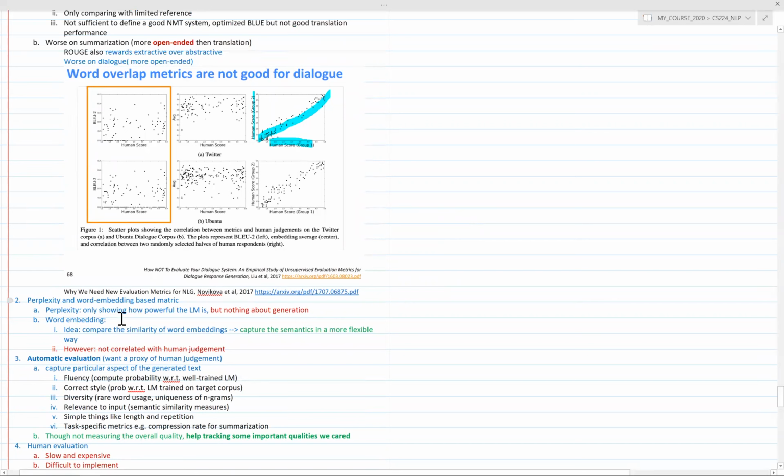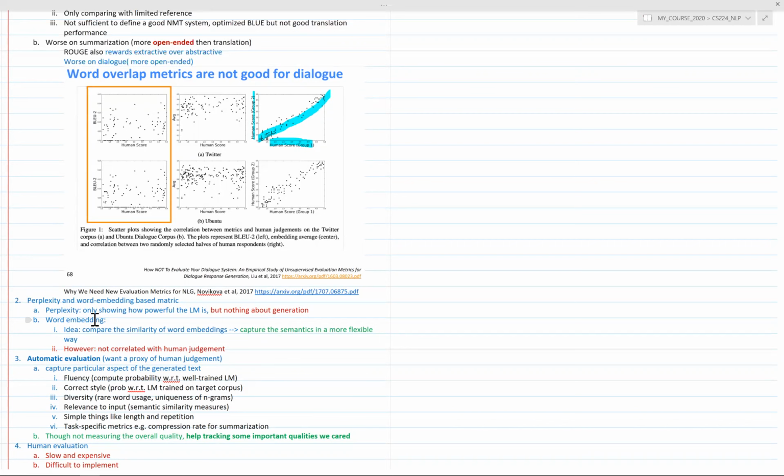The problem with perplexity is that it only shows how powerful the language modeling is, but it has nothing to do with neural language generation. It can only tell how the next word is related to the previous one, but not overviewing on a bigger picture.